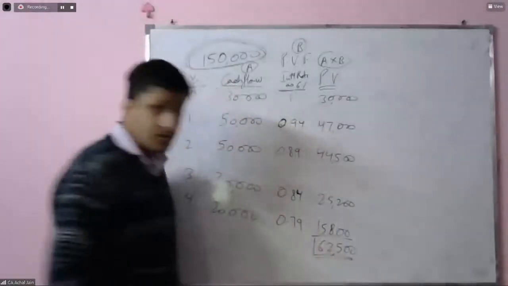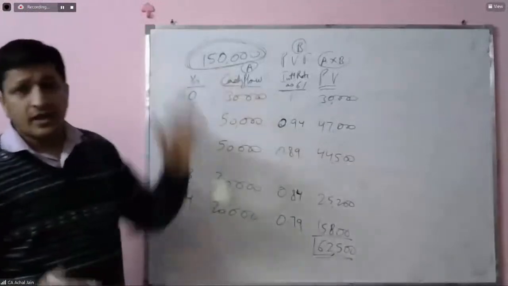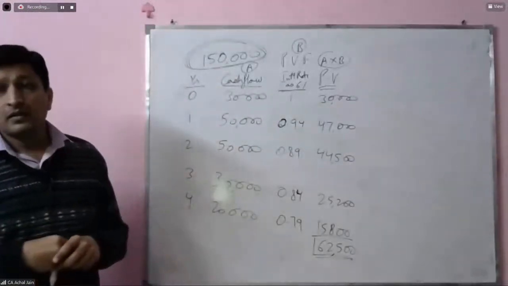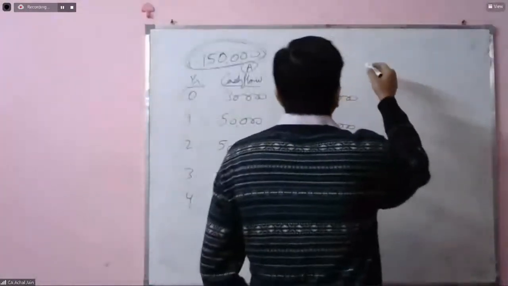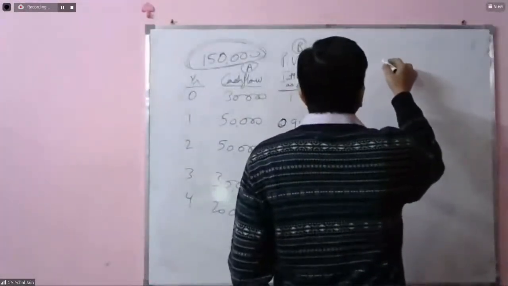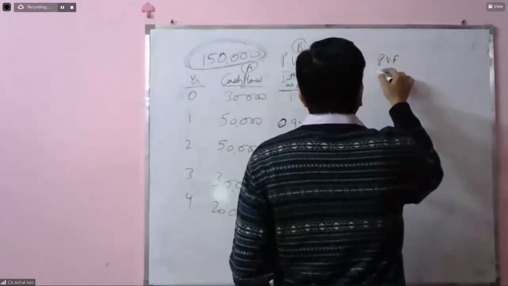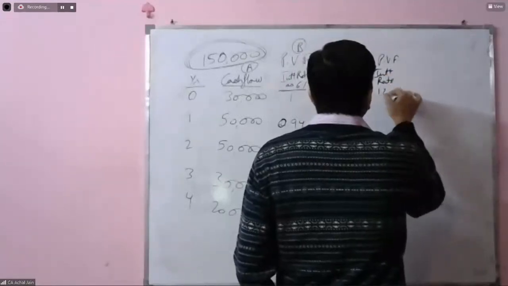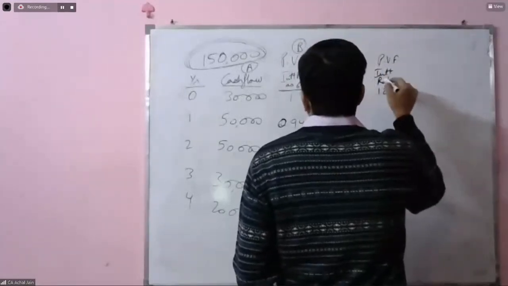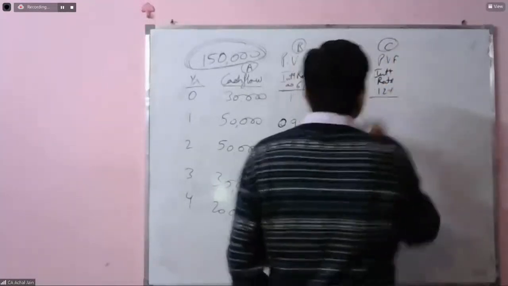So this means if I increase my interest rate, I will be able to reach this target. But once again, I will have to take another interest rate. So now I will take the PV factor using an interest rate of 12%, which I'll call C.